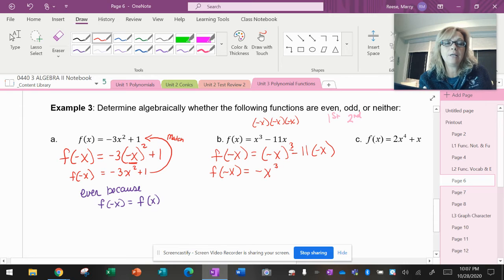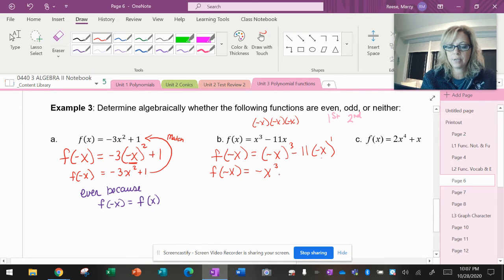If it was an even exponent, like negative x, parentheses, to the fourth, that would end up being a positive value. And then I've got a negative x to the first power, which is negative x.